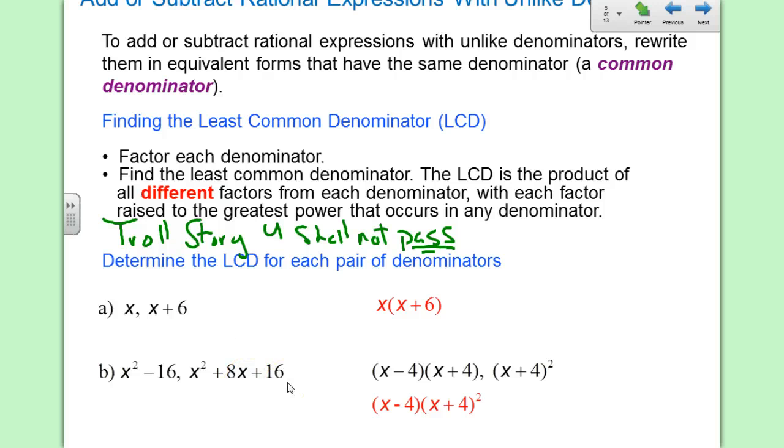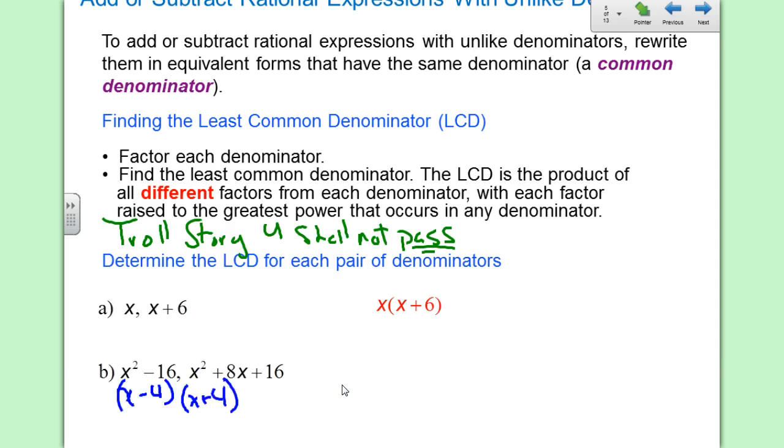When I look at the second one, what are the pieces that are there? The first thing you always do is factor. What pieces make up x squared minus 16? The factors for x squared minus 16 are x minus 4 and x plus 4. The factors for x squared plus 8x plus 16 are x plus 4 times x plus 4. So what pieces do you need?